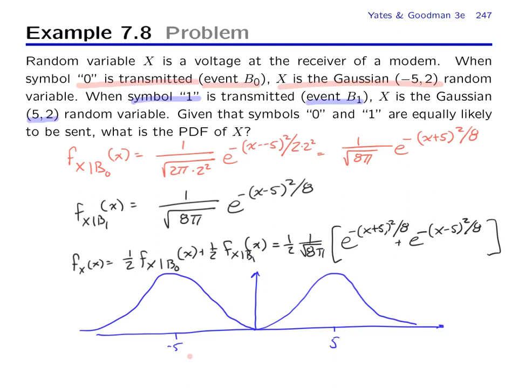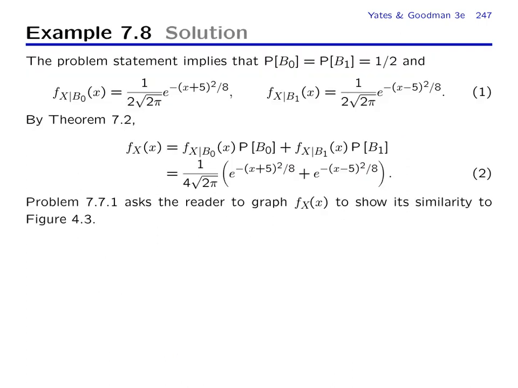There was a mode that corresponded to transmitting a symbol 1, and a mode that corresponded to transmitting symbol 0. And the two peaks represent the distributions under these two different modes. Since my writing's a little sloppy, here is the full solution to the example.